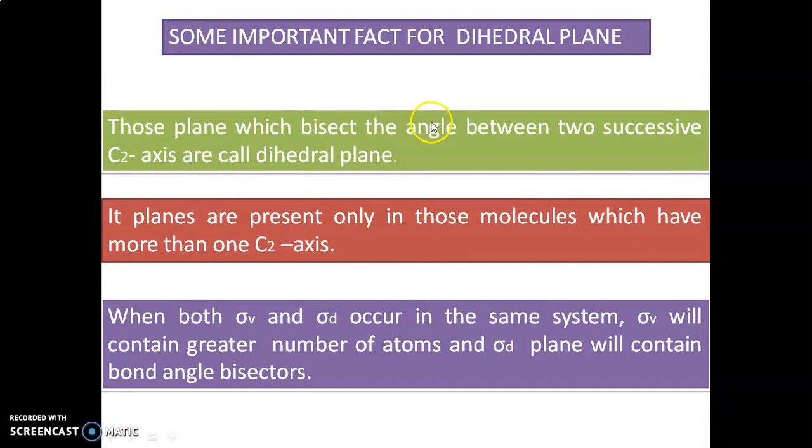Those planes which bisect the angle between two subsidiary C2 axes are called dihedral planes. These planes are present only in molecules which have more than one C2 axis. And third, when both sigma v and sigma d occur in the same system, the sigma v will contain the greater number of atoms, and the sigma d plane will contain the bond angle bisector.